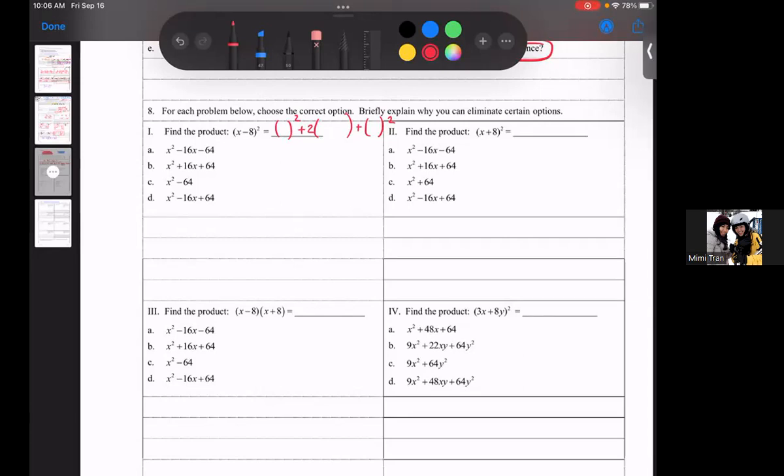If you have negative 8 in parentheses squared, this is negative 8 times negative 8, which is positive 64. The square is a picky one. Just be careful. When you don't have parentheses, your result will be negative. When you have parentheses, your result will be positive.